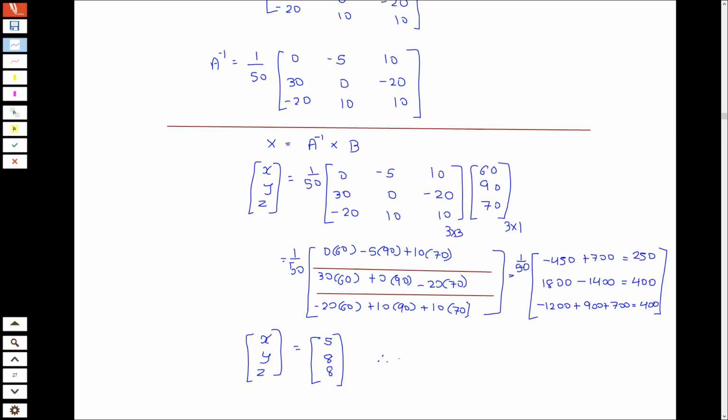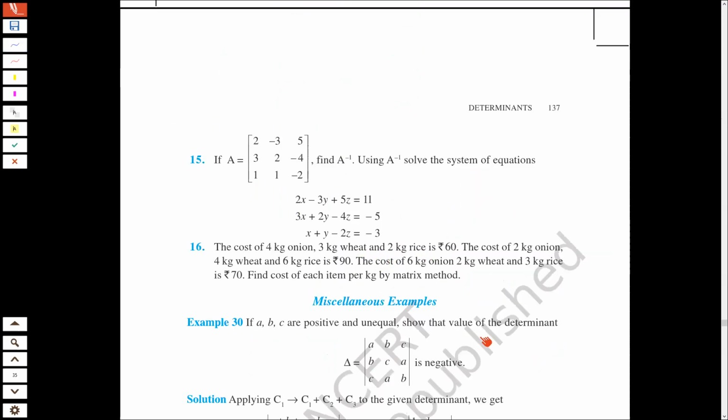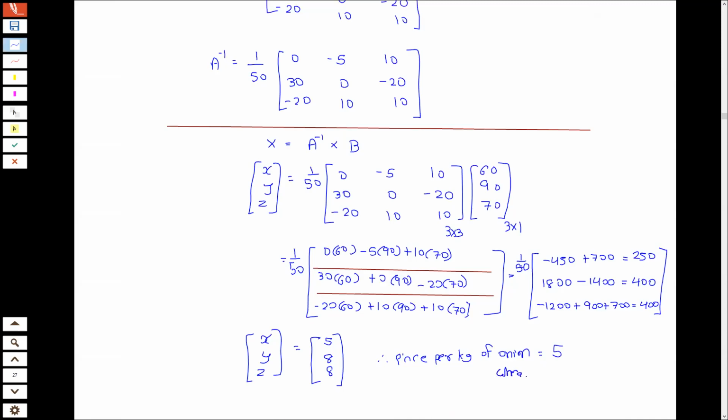So therefore I can say the price per kg of onion is 5, wheat is 8 and rice is 8. Yes, we got this answer. 5, 8 and 8 is the correct answer.